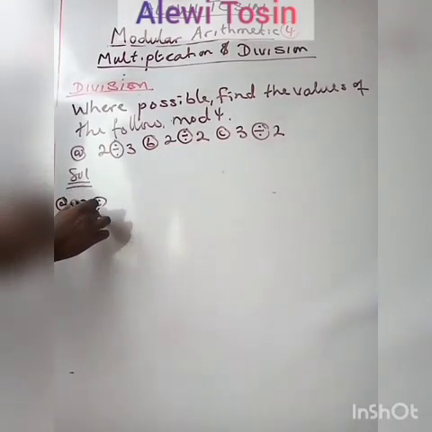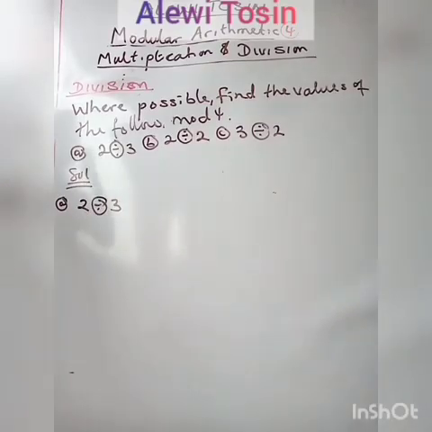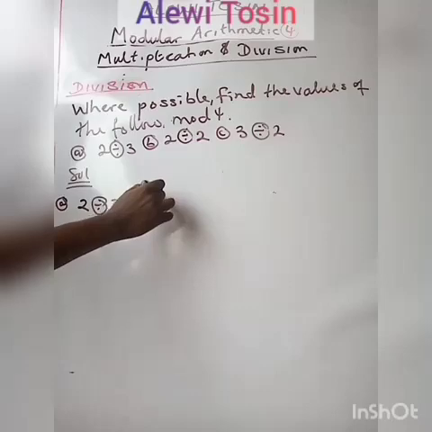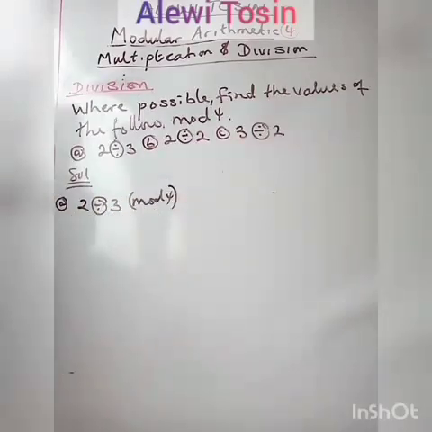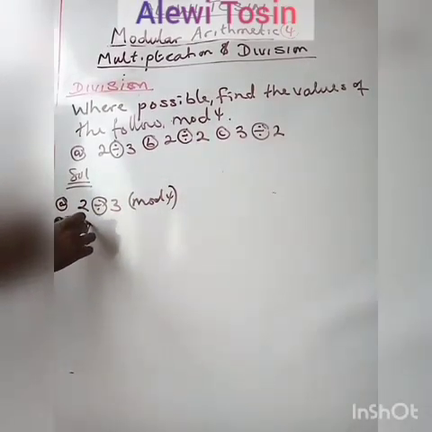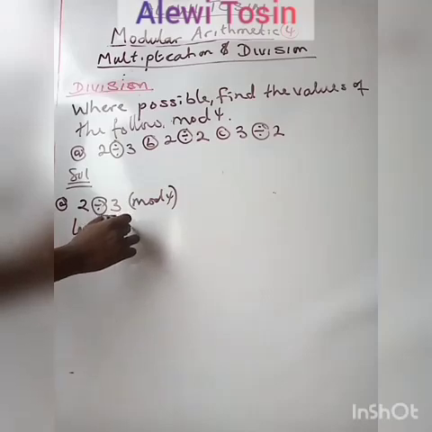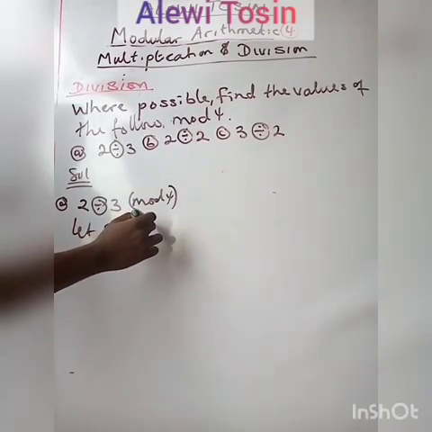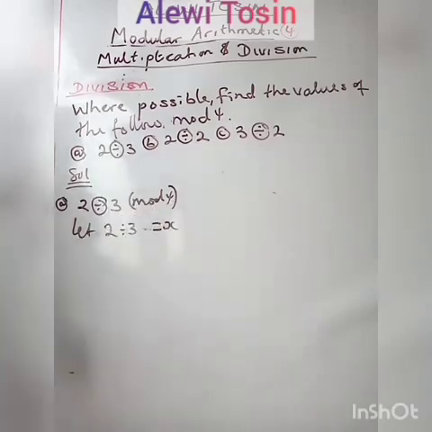The first one, 2 divided by 3 in mod 4. Let 2 divided by 3 be equal to x.